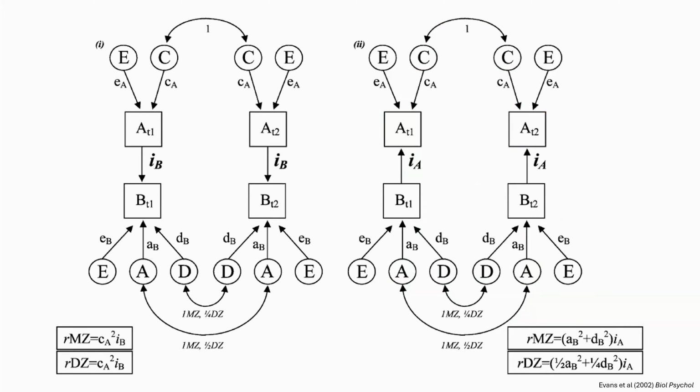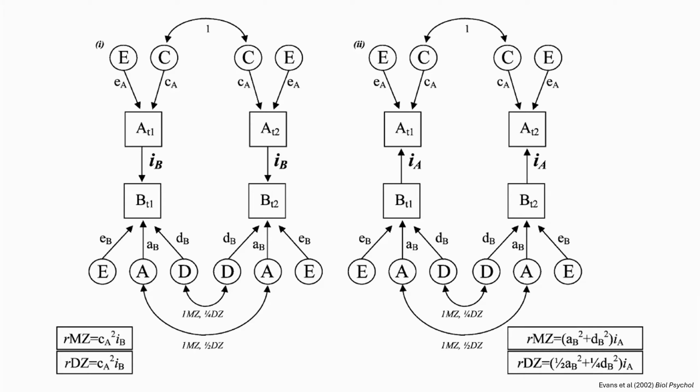So this slide shows the expected cross-twin cross-trait covariances under both causal directions. Under the model where variable A causes variable B, the cross-twin cross-trait covariance is the same in MZ and DZ twins.